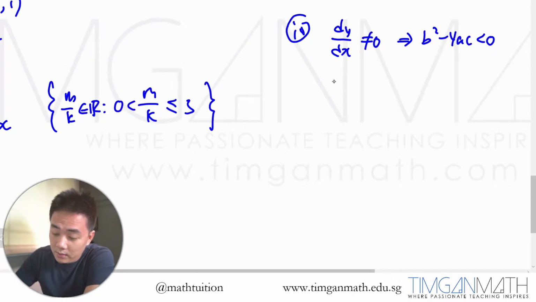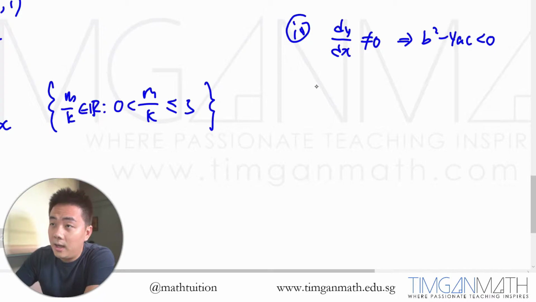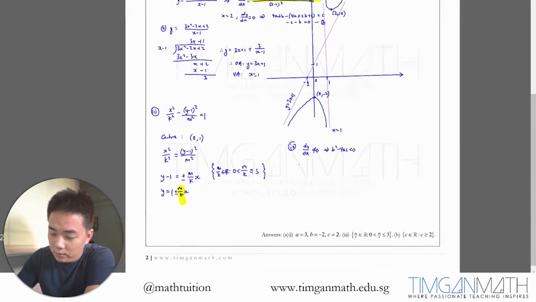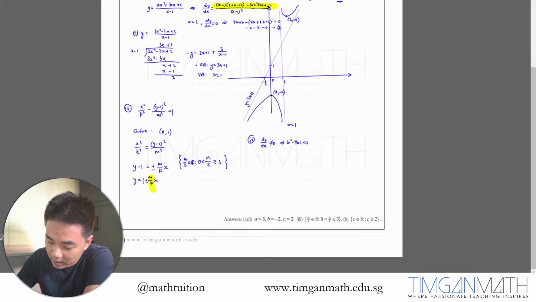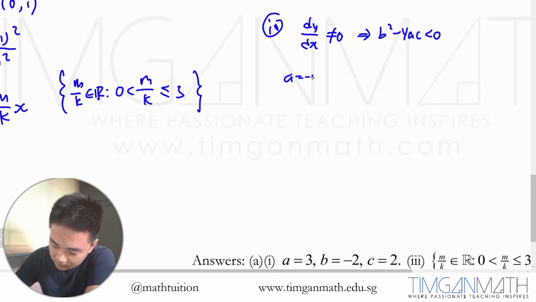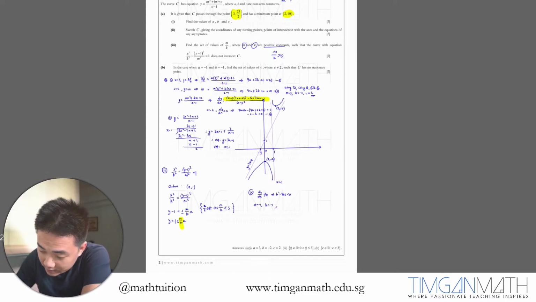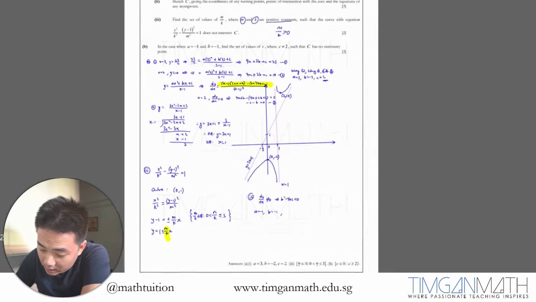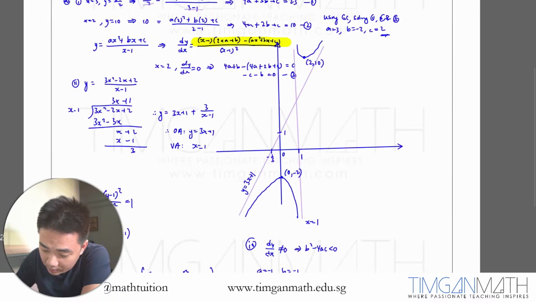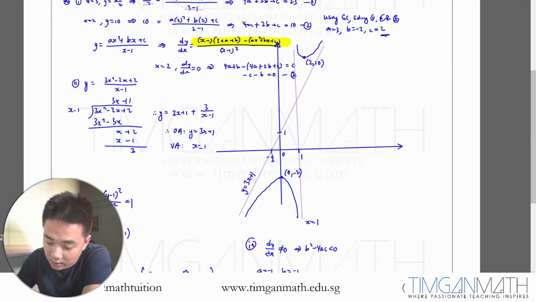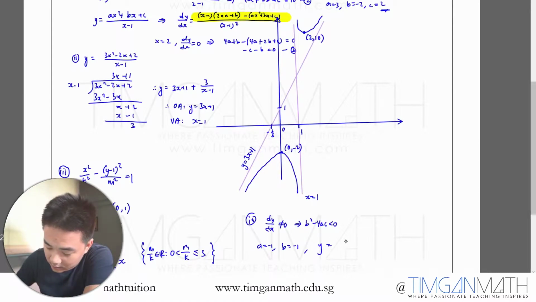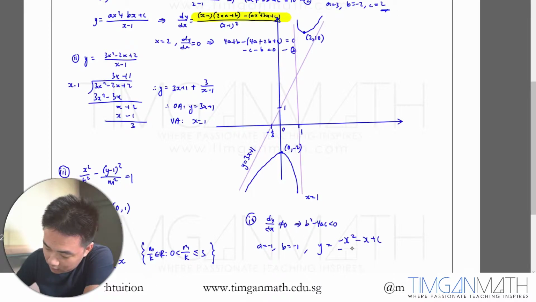So in other words, we are looking at dy/dx when a equals minus 1 and b equals minus 1, with c the unknown. I found my dy/dx just now, which is this. I'll just write this down. I think it's easier just to differentiate again: y equals the expression with c over x minus 1.